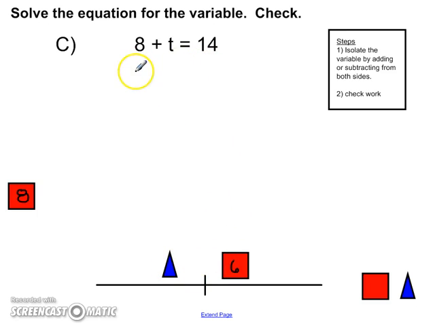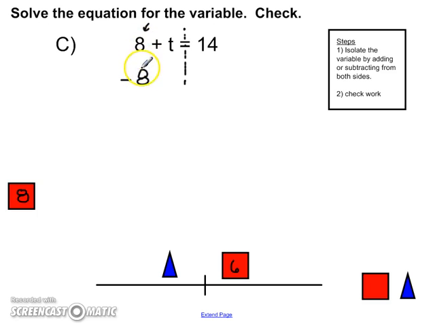Well, we're going to do the same exact thing up here. Now this is my little equal sign. And if this helps you, some people like to do it. Okay, that's where this little thing comes from. And we are going to get our variable by itself by removing, in this case, the 8 from both sides. So we're going to write this down.